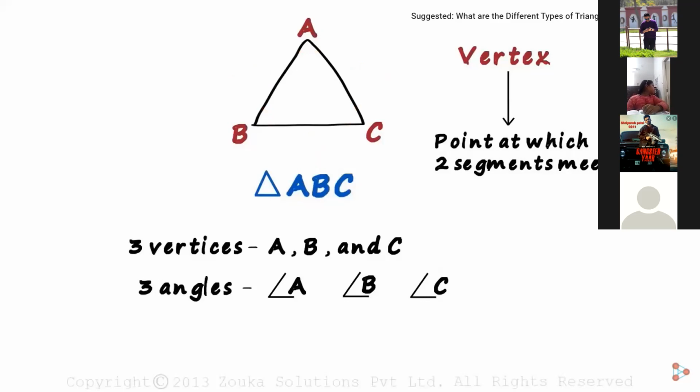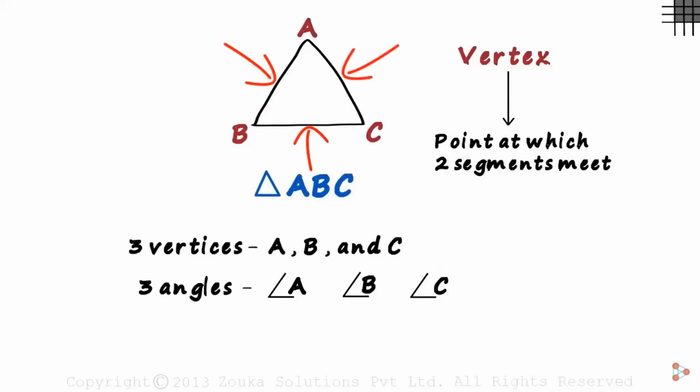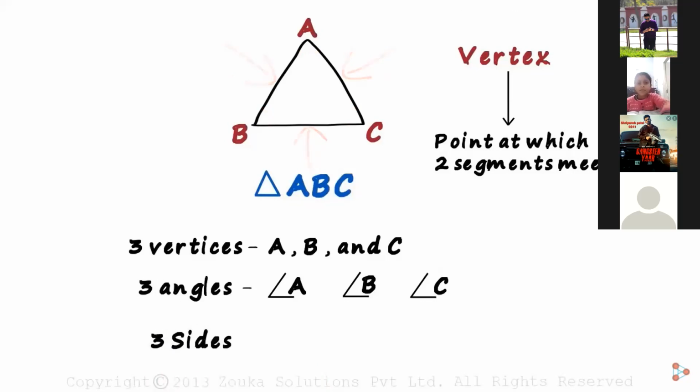And how many sides does a triangle have? 1, 2, and 3. Three sides. And it has three sides or segments: AB, BC, and CA. In this triangle ABC, we also say that BC is the side opposite vertex A. And similarly, AC is the side opposite to vertex B. And AB is the side opposite to vertex C.